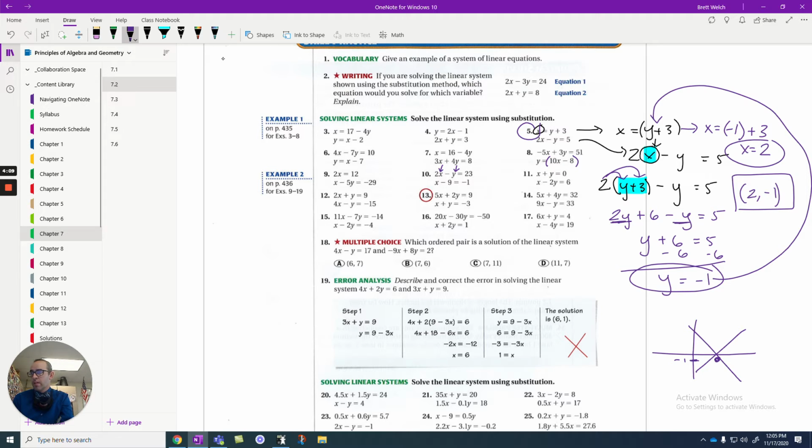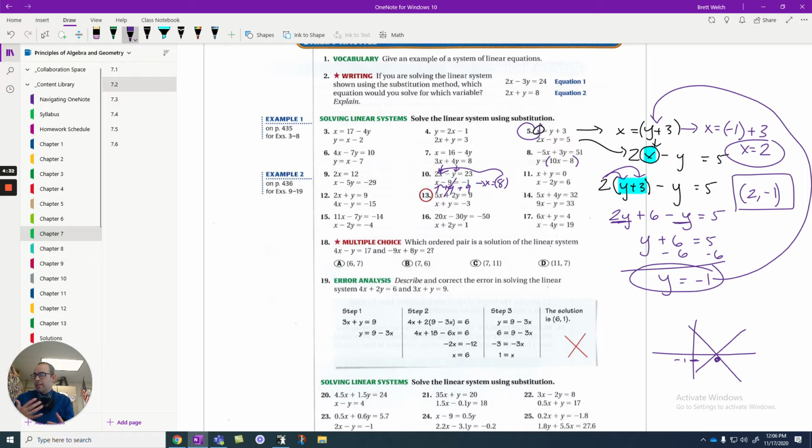On the bottom equation, x isn't alone, but it's sure close. In fact, if I just add 9, then that would give me x equals 8. And now x is alone, and I can use 8 instead of my x in the other equation.